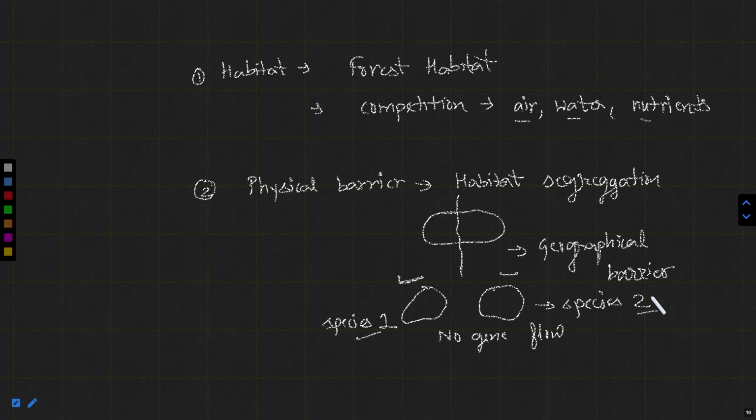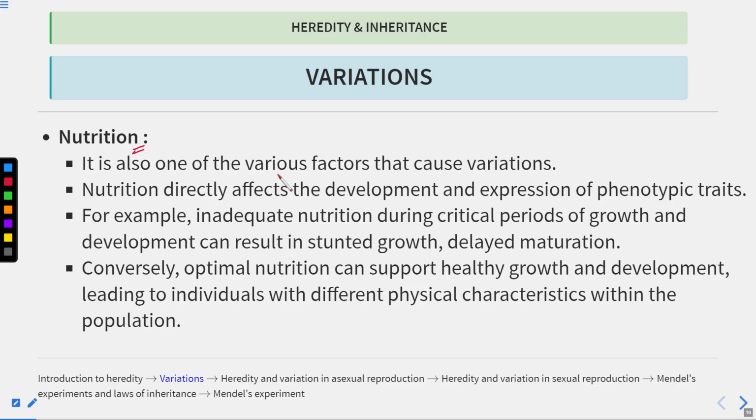Now next is the nutrition. Now let's talk about the nutrition. It is also one of the various factors that cause variations, and nutrition directly affects the development and the expression of the phenotypic traits, meaning the external traits. For example, inadequate nutrition during the critical periods of growth and development can result in stunted growth and delayed maturation.